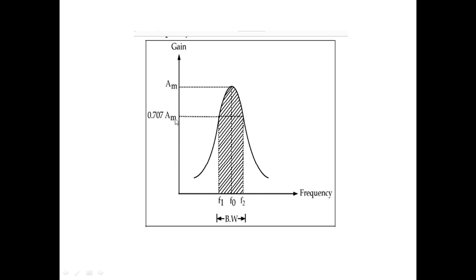If AM is 1, this becomes 70 percent. The frequencies where the gain is 0.707 of the maximum gain are taken as F1 and F2. F1 is called the lower cutoff frequency, F2 is called the higher cutoff frequency. So higher cutoff frequency minus lower cutoff frequency gives the bandwidth.